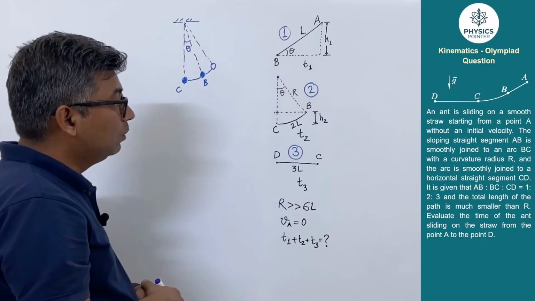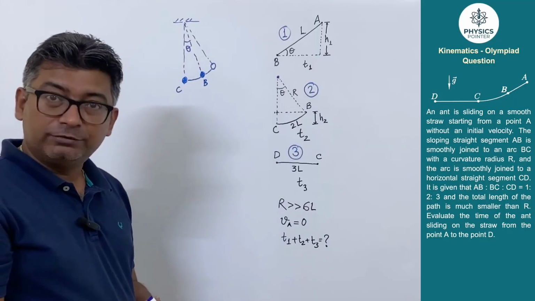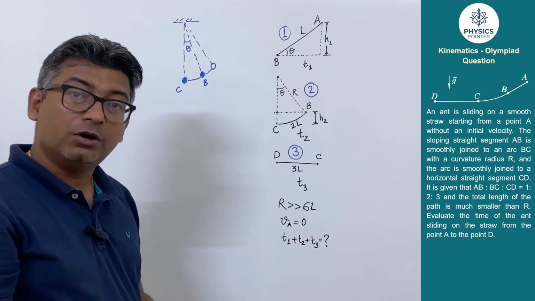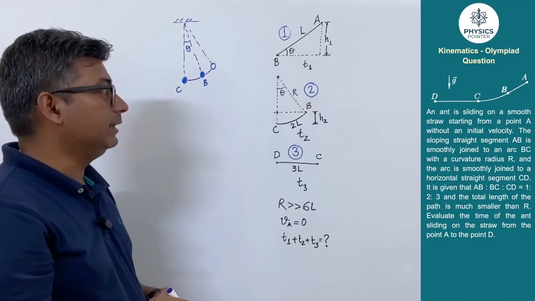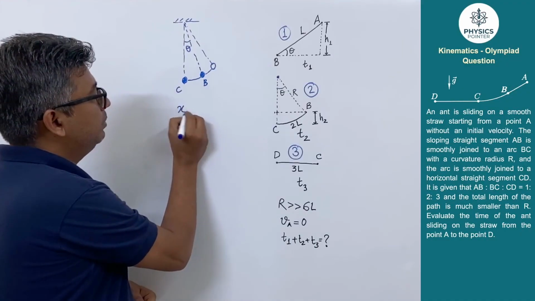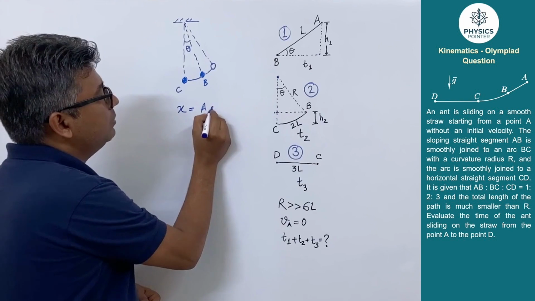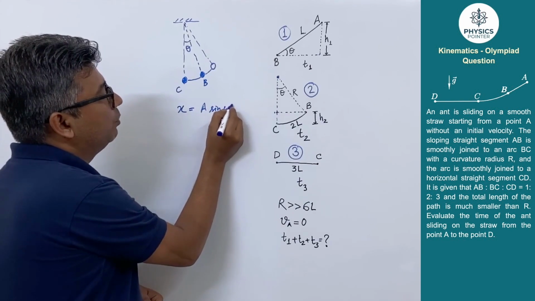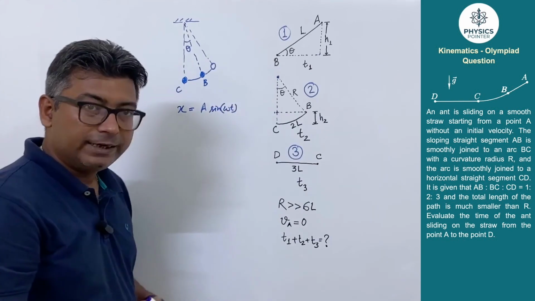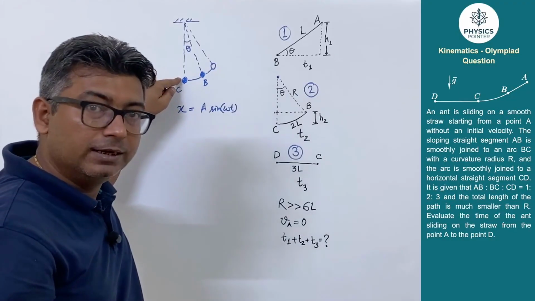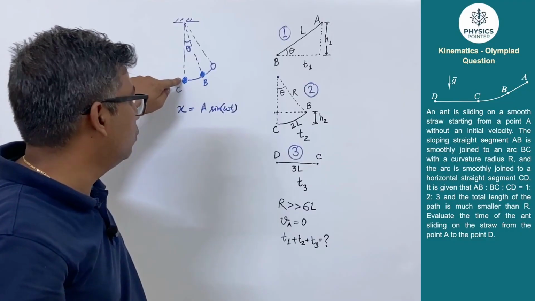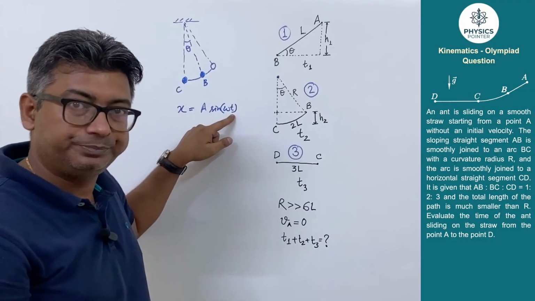That means write the expression for the position of the particle in a simple harmonic motion under gravity. That is simply x equals a times sine of omega t. Why did I not add a phase? Because I want to do the calculation from C, and at x equal to 0, my time is 0.